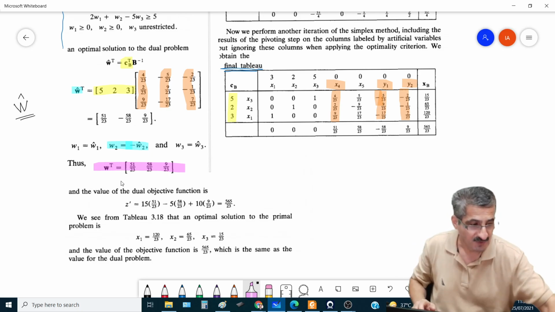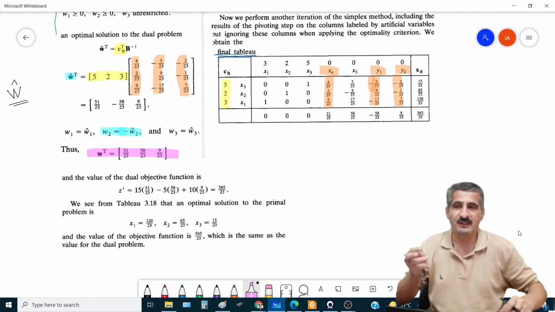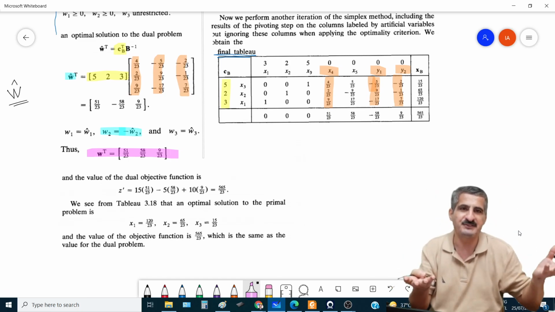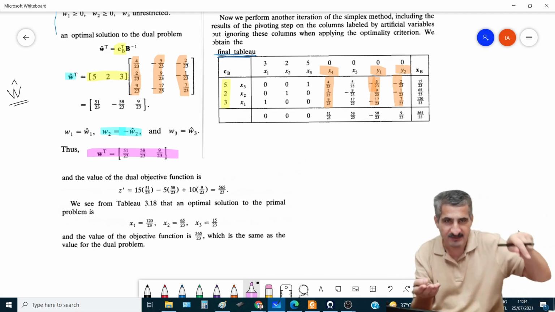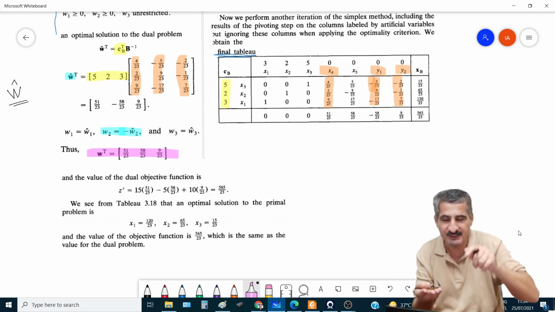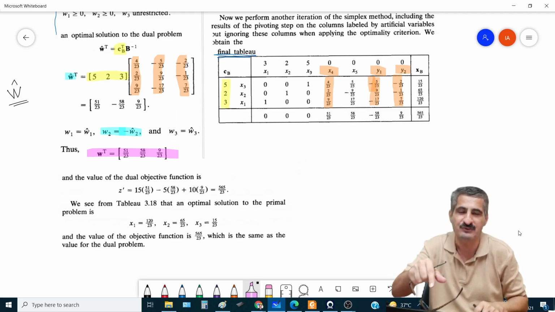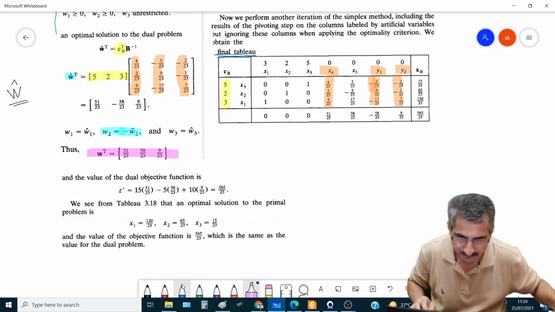Good. Now, remember from the last section we said, when the primal problem has an optimal solution, then the dual has an optimal solution. And the value of the objective function of the dual at this solution is equal to the value of the objective function of the primal at the solution of the primal. They give you the same value of the objective function.